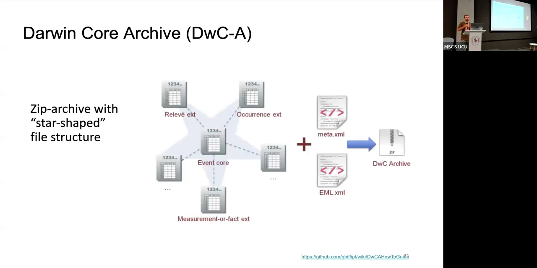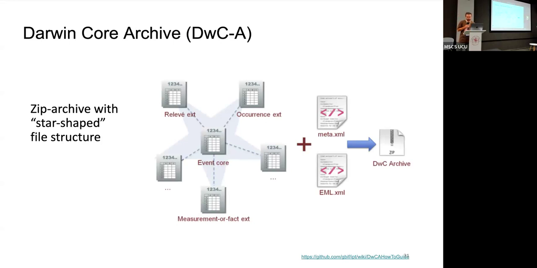How can we translate it into a controlled digital object? Darwin Core standards offer us their own way to digitize different pieces of information, with a data format which is called the Darwin Core Archive.